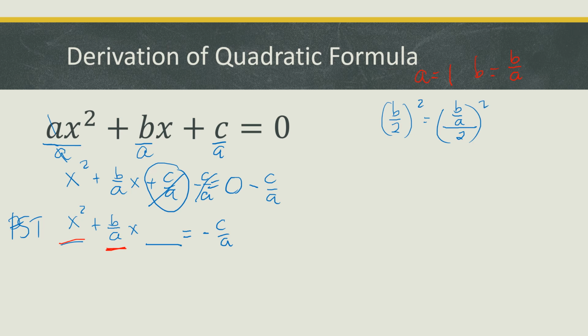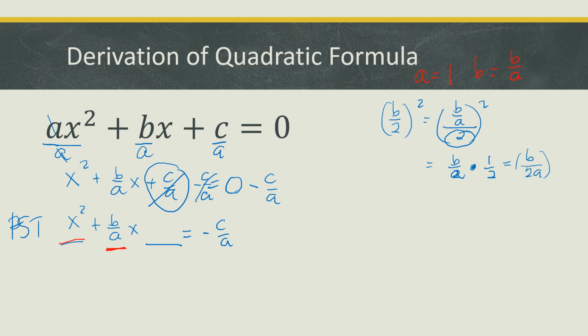We all know that if we are dividing a fraction by a whole number, we need to get the reciprocal of the whole number, which is 2. Its reciprocal is 1/2. And then we will proceed with the multiplication. b times 1, we have b, and a times 2 is 2a.